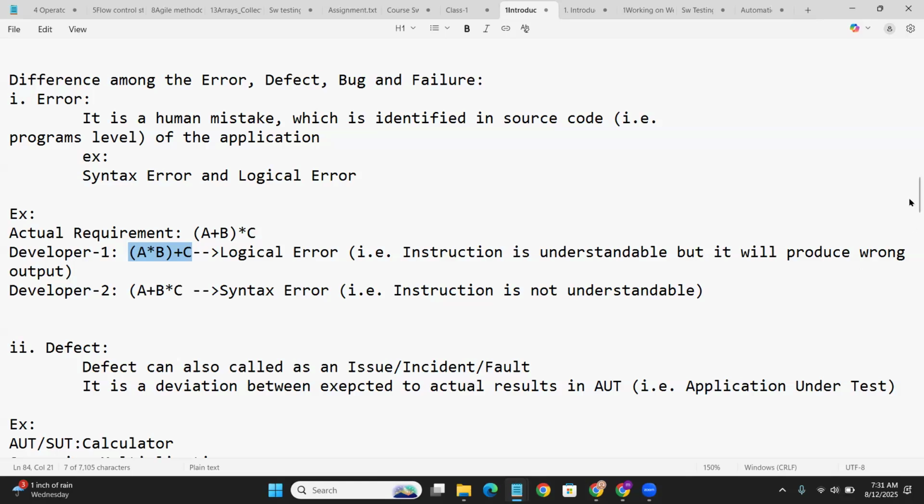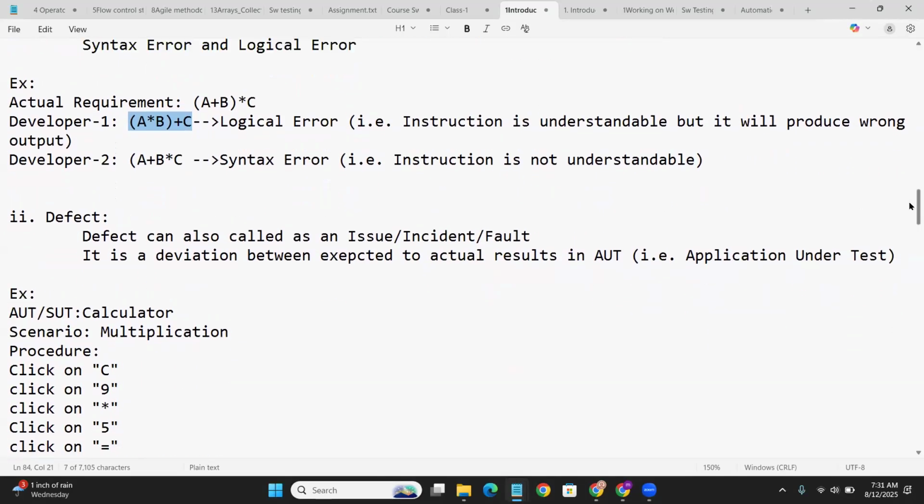Let us consider an example. AUT, application under test, or system under test.